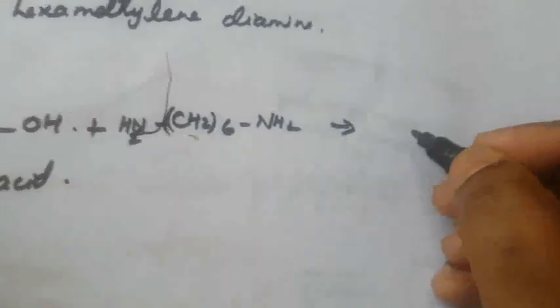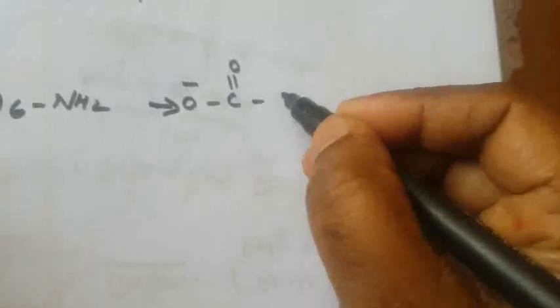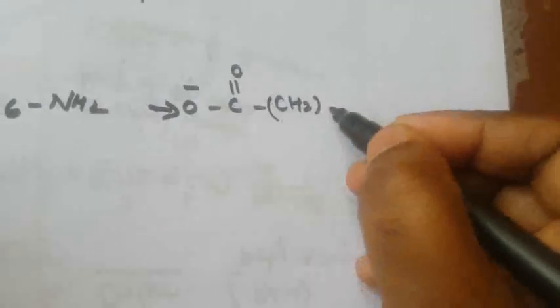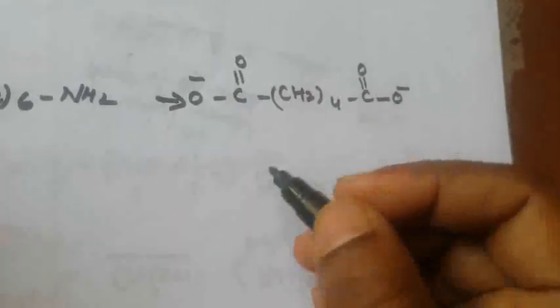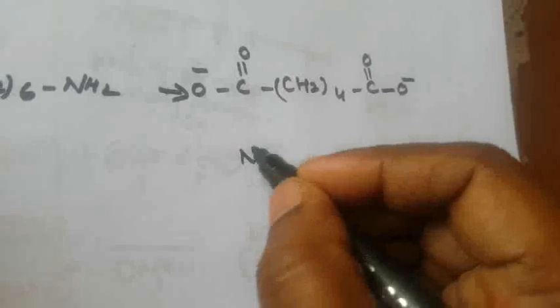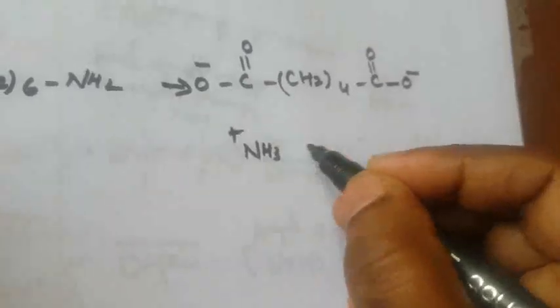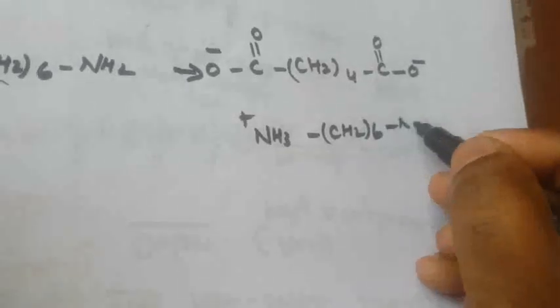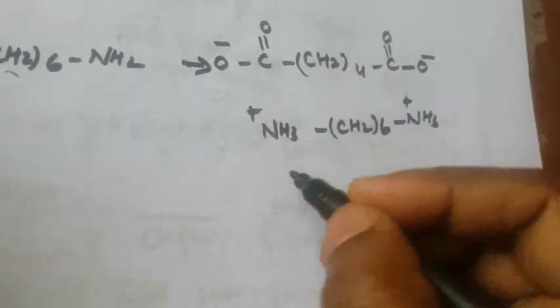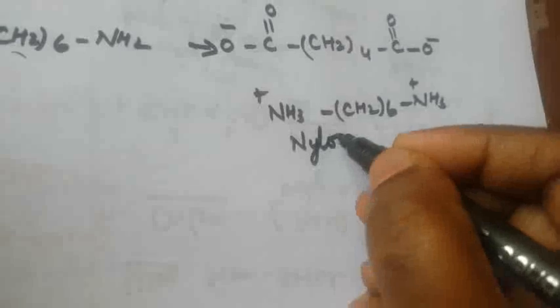How will it form? OOC-(CH2)4-COO minus, then NH3 plus-(CH2)6-NH3 plus. So this is called nylon salt.